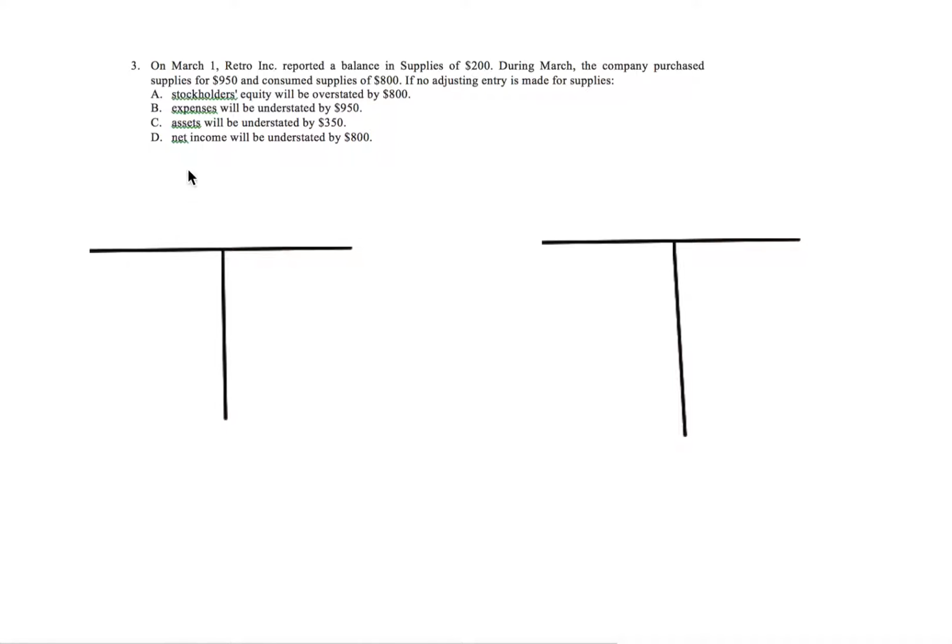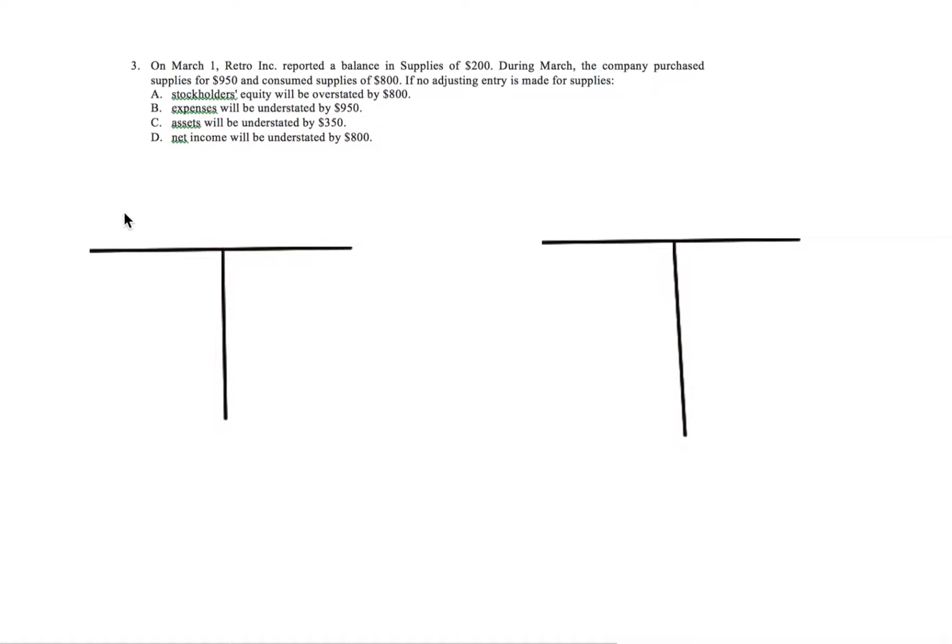So the adjusting entry would have been for the consumed supplies of 800, and that is basically a deferred expense since we paid for the supplies beforehand, and we deferred the expense until it occurred. And the way we would go about that is we would need to recognize the consumption of supplies, and then we would need to recognize the expense that's incurred.